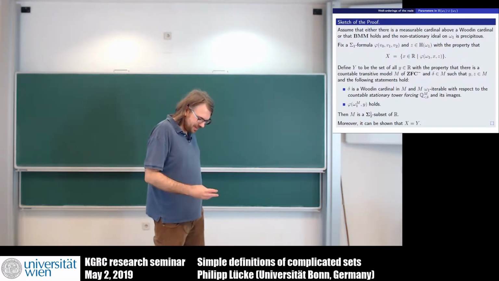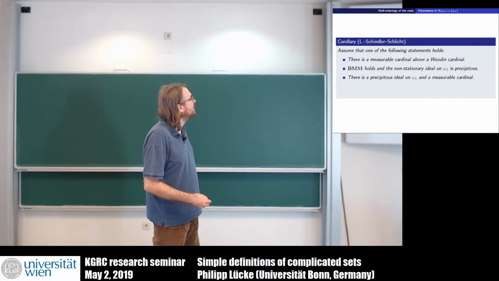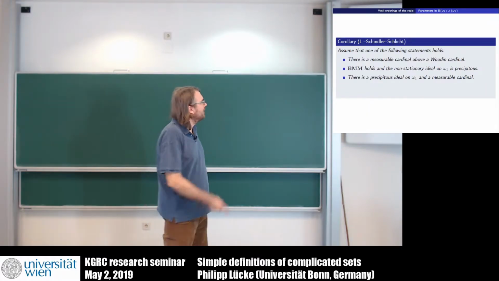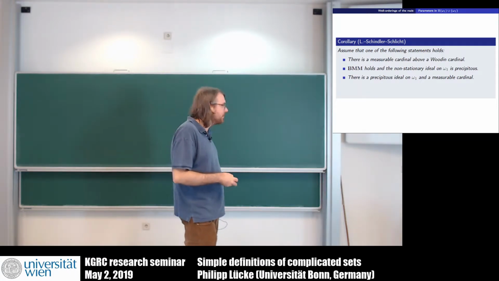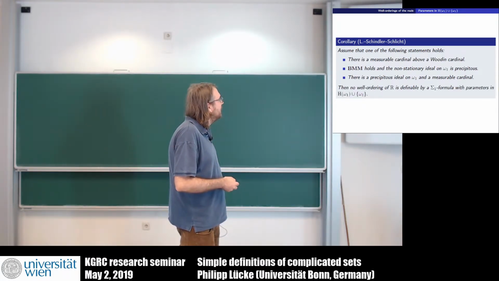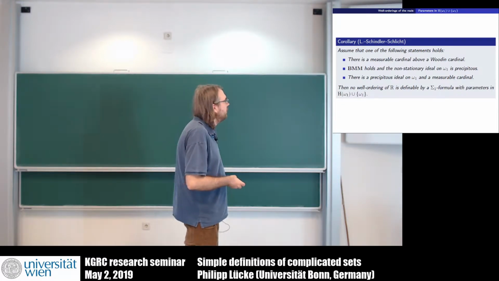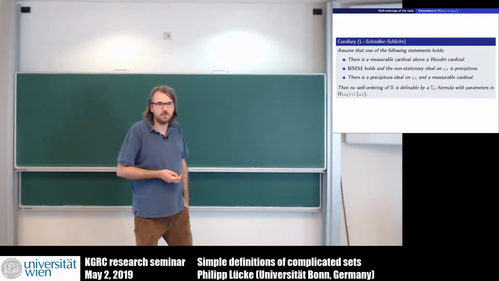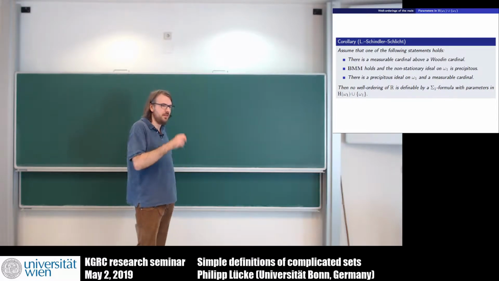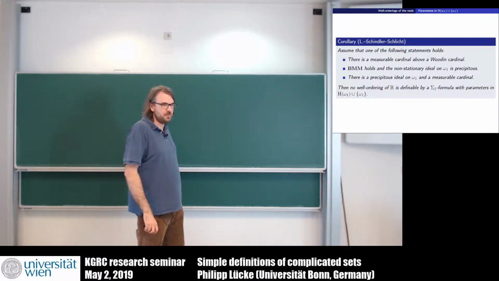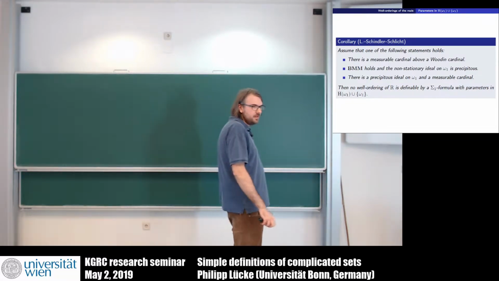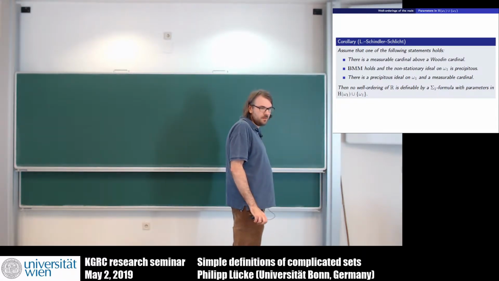Okay, so let's see, maybe it's already, no, it's not on the next slide, but okay, so this has an immediate consequence. If we assume one of these three statements, then no well ordering of the reals is definable in this way, by a sigma 1 formula with omega 1 as a parameter and elements of H omega 1 as parameters. The hypothesis was really just that M1 sharp exists over every real, over every subset of omega 1.